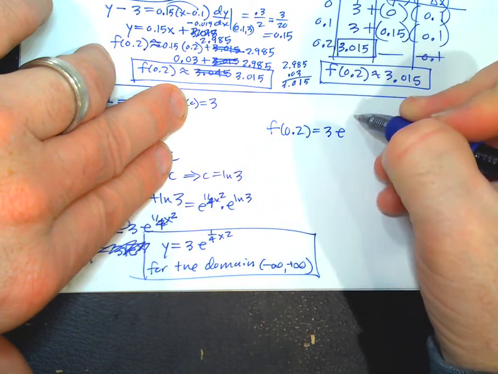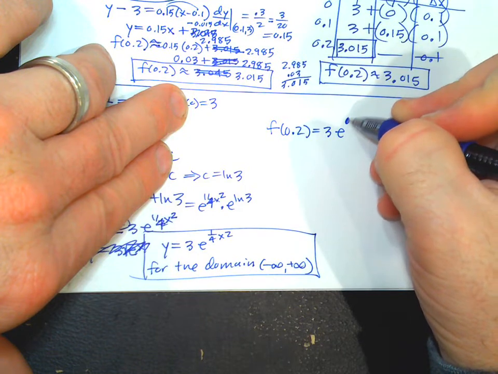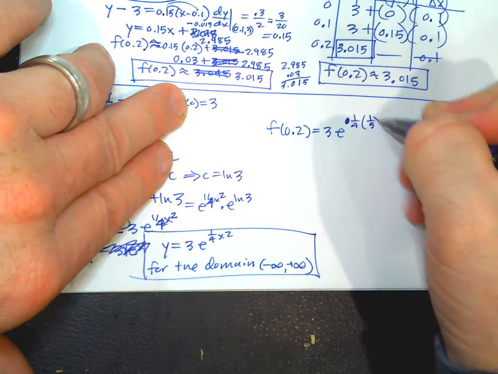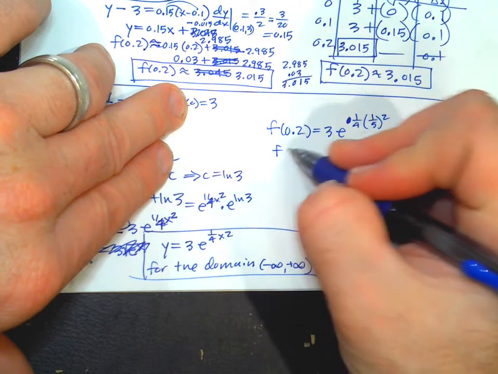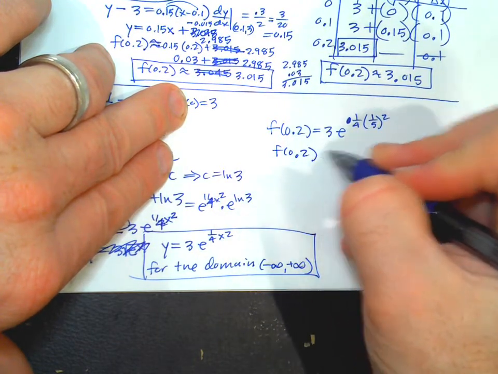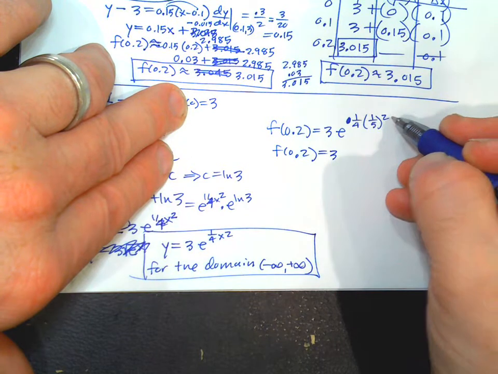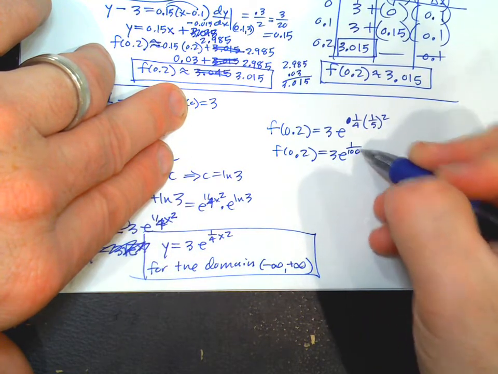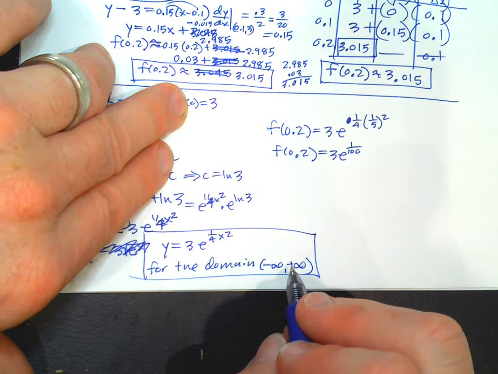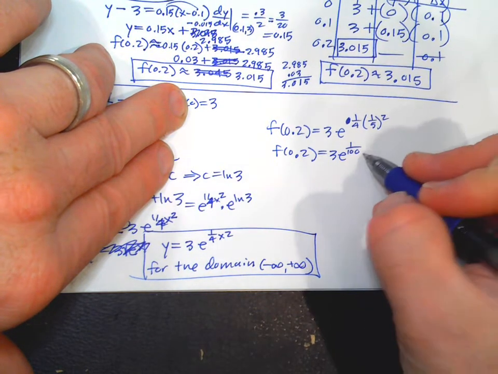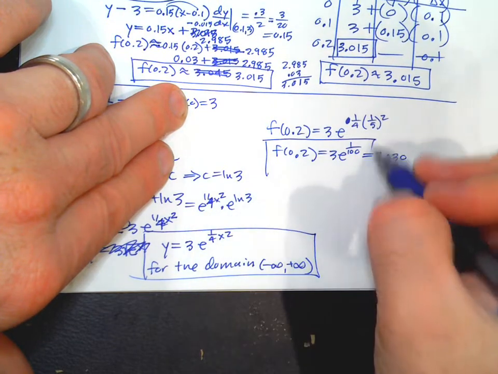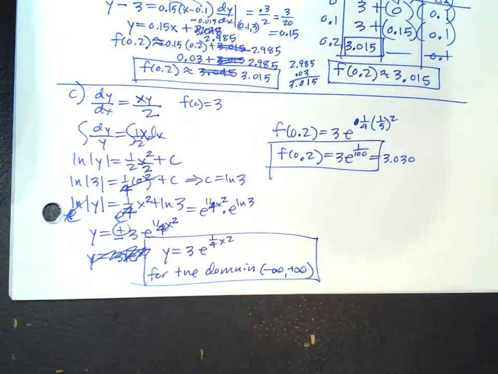3e to the 1/4 times 1/5 squared. I'm just trying to get a nice answer without having to use my calculator. So that's going to be 1/25, 100th. On your calculator, it'd be 3.030. There you go.